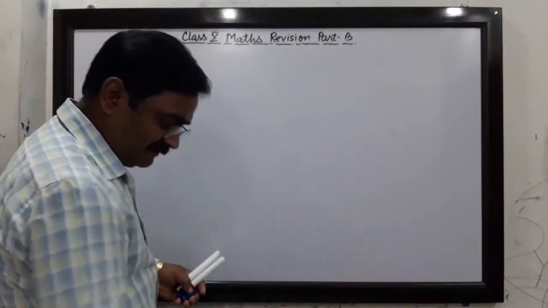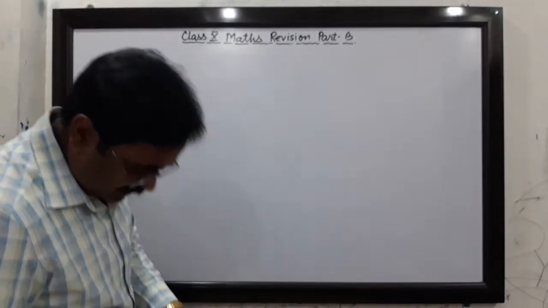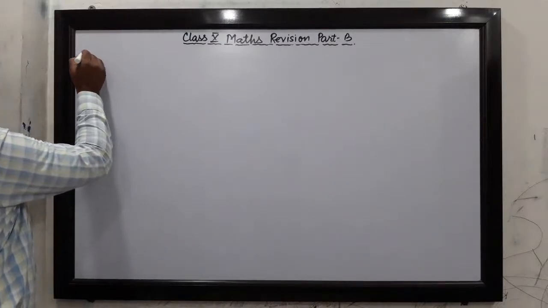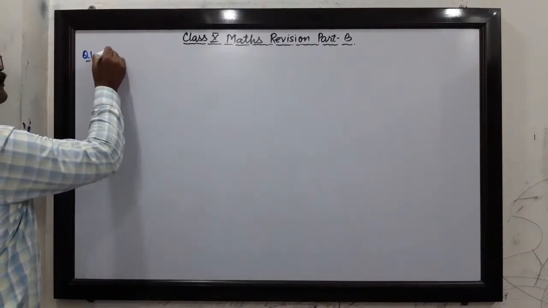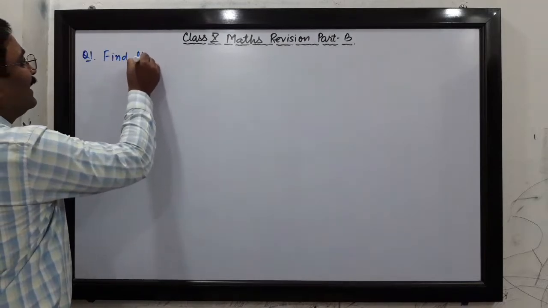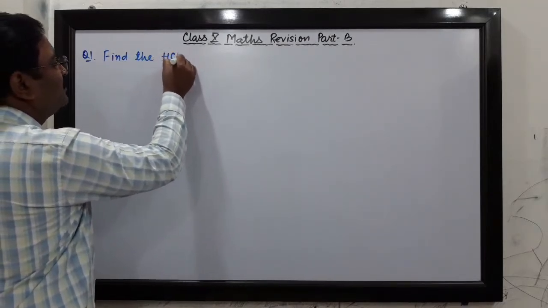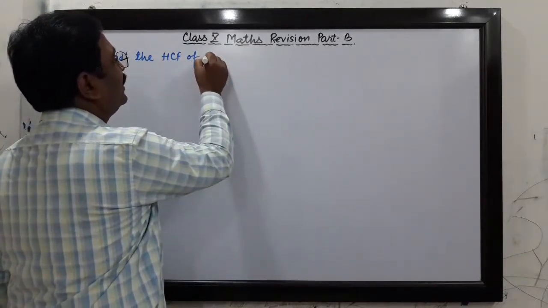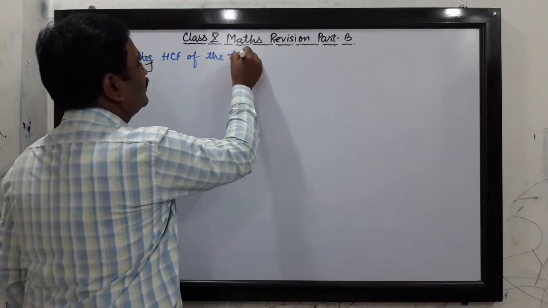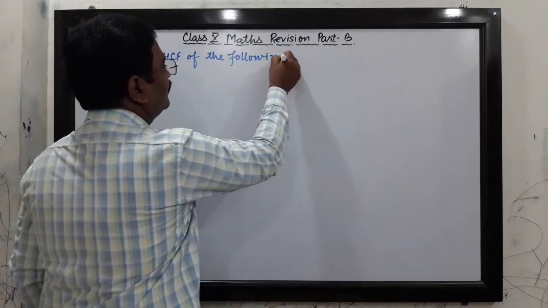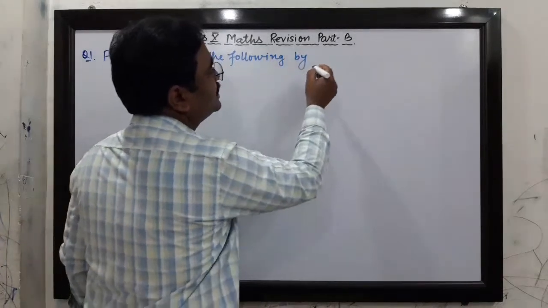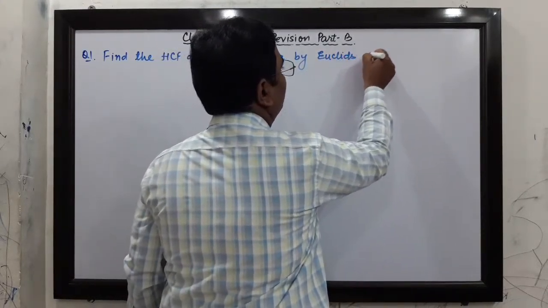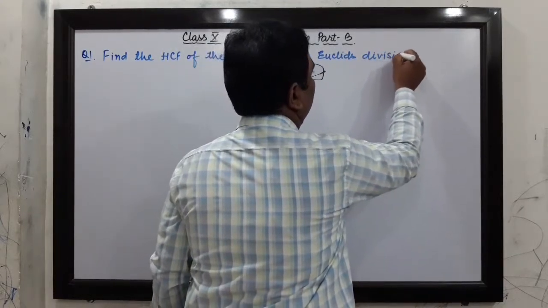So the first question is given, question number 1: find the HCF of the given numbers by Euclid's division method.